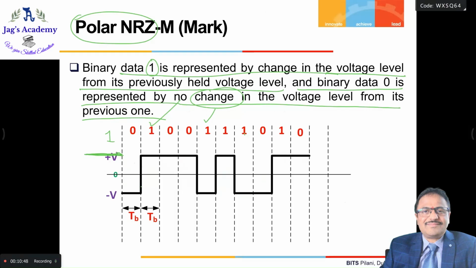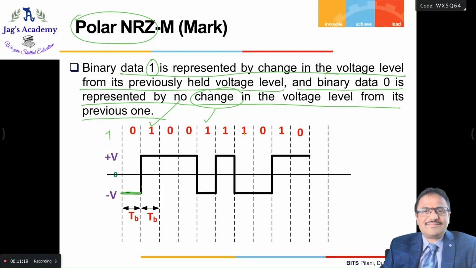Suppose I say the level before this is 0. In this case it is definitely 0 only, because a 0 doesn't change its level. 0 is represented by the lower level here.